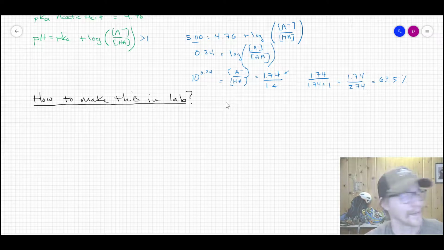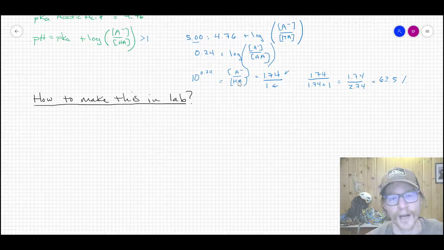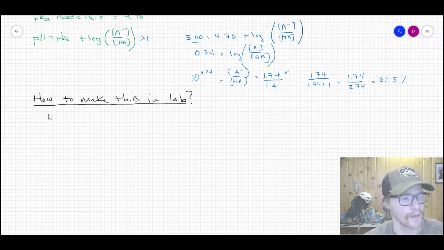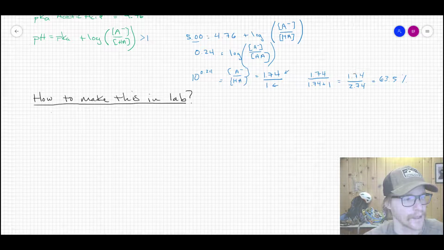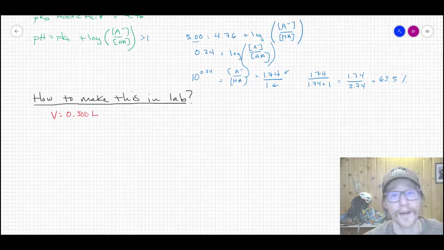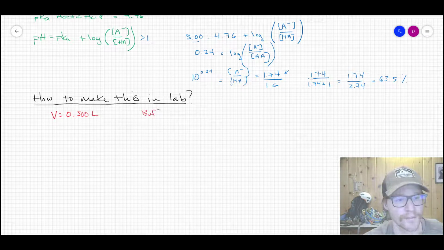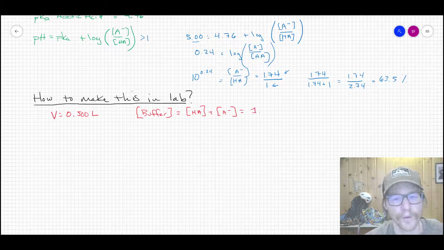And by concentration, I mean the overall concentration of the conjugate acid or conjugate base and the acid together. So in this example, let's do this for a buffer that's 500 milliliters, so 0.500 liters, at a total buffer concentration, which really means the concentration of HA plus the concentration of A minus, of 1.00 molar.